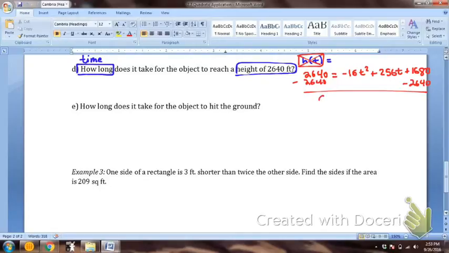So we are setting it equal to 0. Sorry I didn't give you very much space to work this problem. And 1680 minus 2640 on your calculator. Negative 960. Okay, James, what's our next step here?